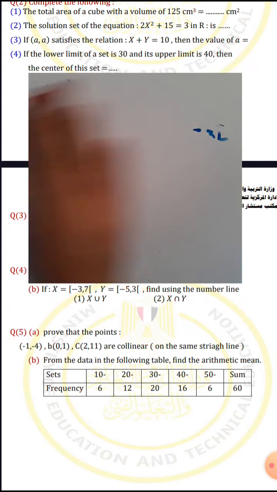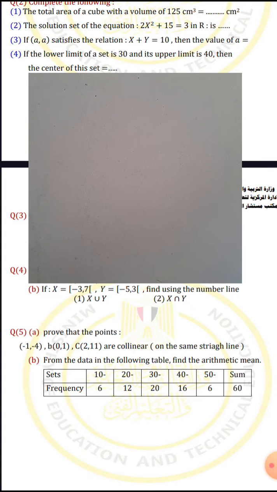Question number 5. Prove that the points A, B and C are on the same straight line. Okay.